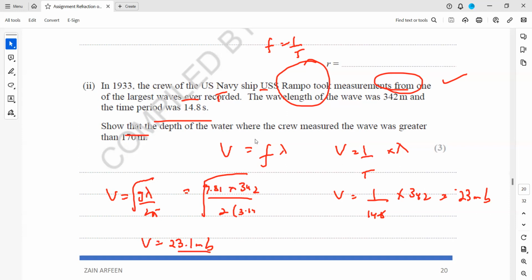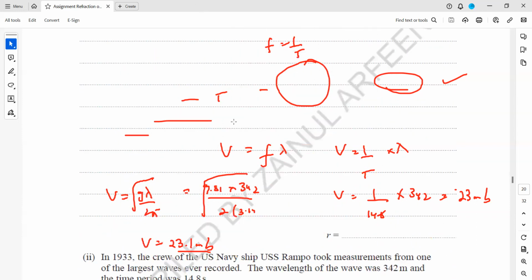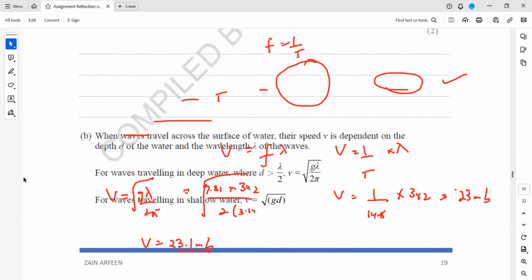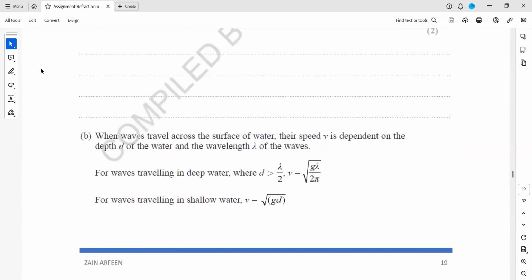Now, what is the condition for this formula? We're getting the same speed, 23. First, we confirm that it is holding the relation. And now, if you see the mention in this formula, D should be greater than half of the wavelength. So D should be greater than 342 over 2, because the wavelength was 342.